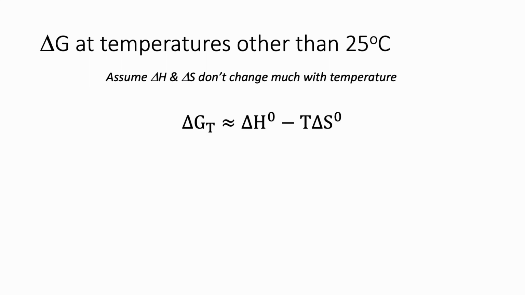So here's the equation we're going to use. Delta G at a given temperature is going to be your standard delta H minus your temperature, whatever that is, times delta S at standard temperature. So let's try that on a reaction.